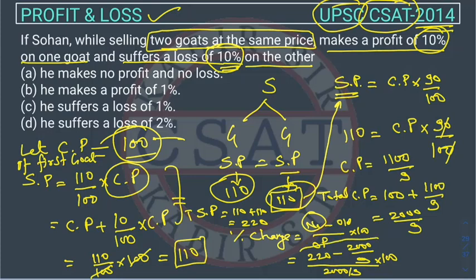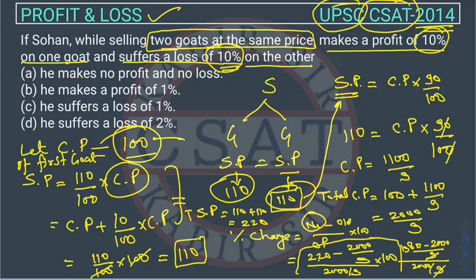Now we have to solve this thing, right? So for this 9 we will take the LCM, so it will become 1980 minus 2000 upon 9, and here also we have 2000 upon 9.